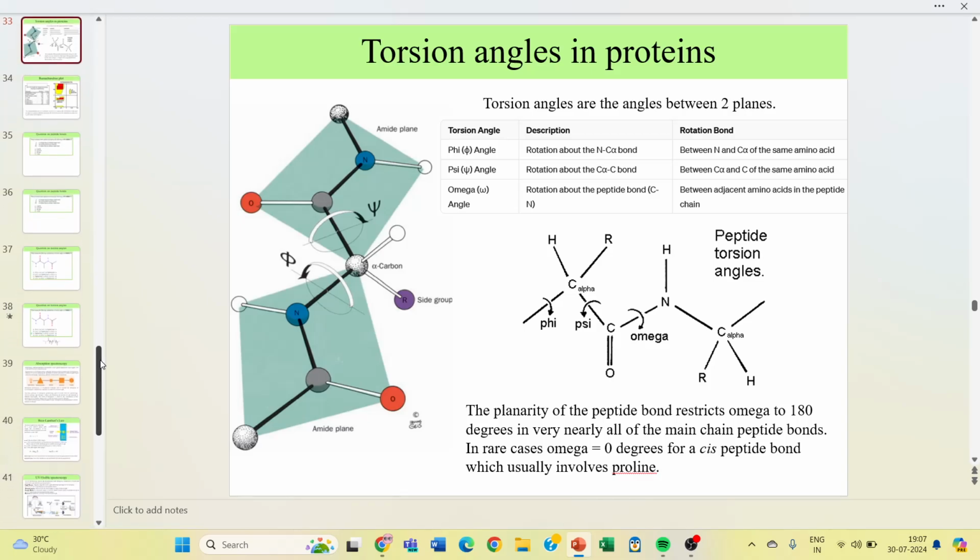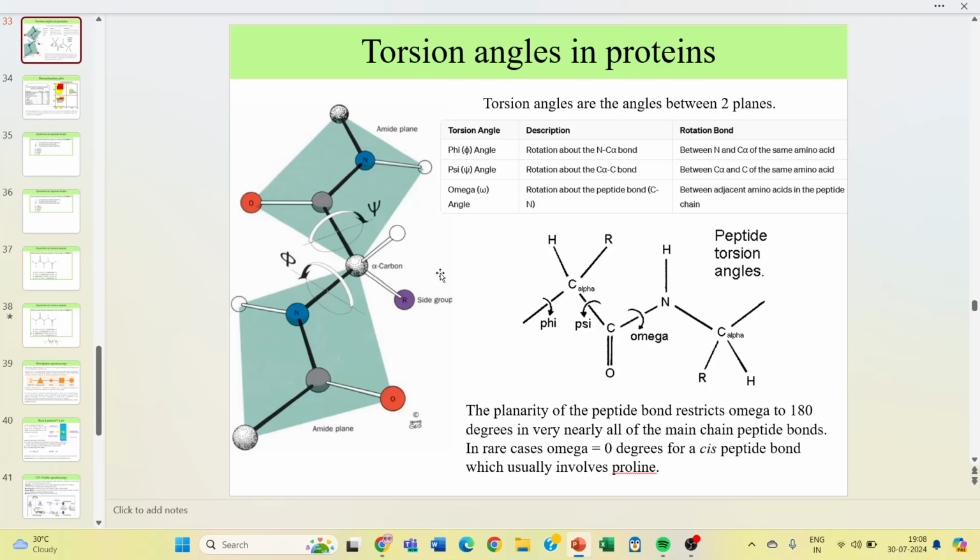This is not the final part though. Anyway, we come to torsion angles. So what are torsion angles? As I told you, now you know that these moieties can rotate around bonds, right? So if you see this as one plane rotating around another plane, and it is emerging from the C alpha.